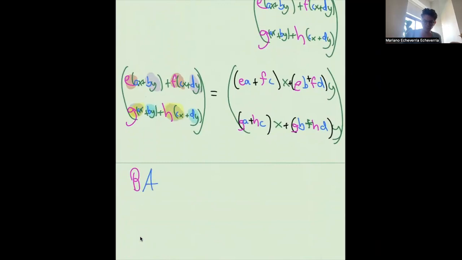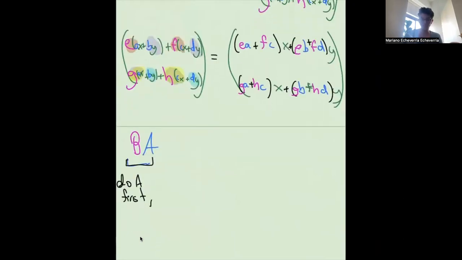Again, why in that way? Because in this notation, if you write it like this, that means that you're doing A first and then B, which looks weird, but that is all this means.